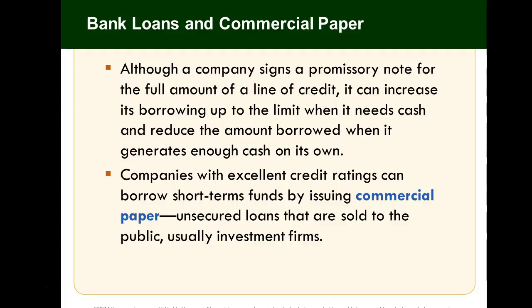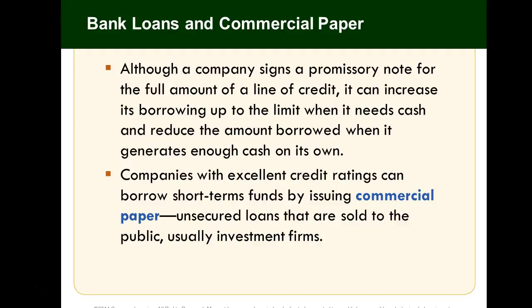Companies with really good credit ratings can borrow short-term funds by issuing something called commercial paper, which is unsecured loans that are sold to the public. So commercial paper is a form of an investment, and it's a way companies can raise money fairly quickly. Okay? How do they raise it quickly?